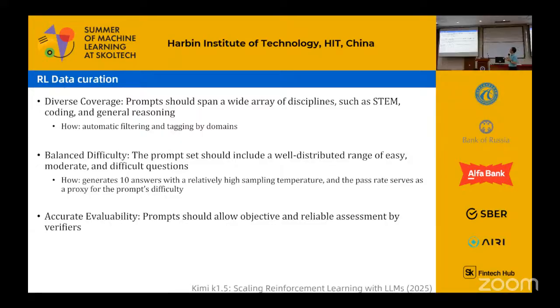First, you need to consider coverage and diversity of the data. You should cover diverse topics, including STEM, coding, and general reasoning. We should also balance the difficulty. You should have both simple and difficult questions. And for those questions, it should be easy to evaluate the quality of the answer. For math, you can directly evaluate the answer, or for coding, we know how to test the generated code.